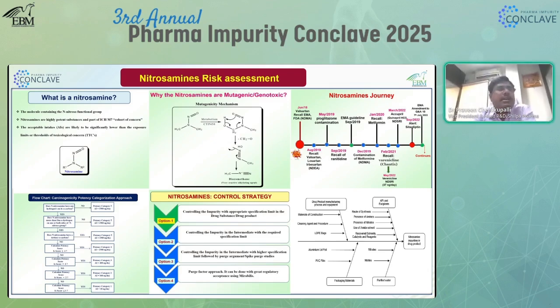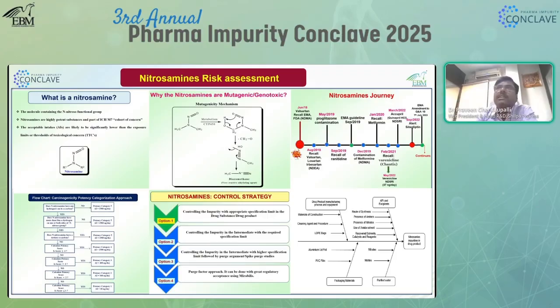Now, I'll brief about these nitrosamines. See, nitrosamines, as you know, have a nitroso group on an amine function. Because of that, it is called a nitrosamine. Then, why are these nitrosamines mutagenic? What makes this mutagenic? Generally, in the case of genotoxic impurities, these compounds have reactive functionalities.